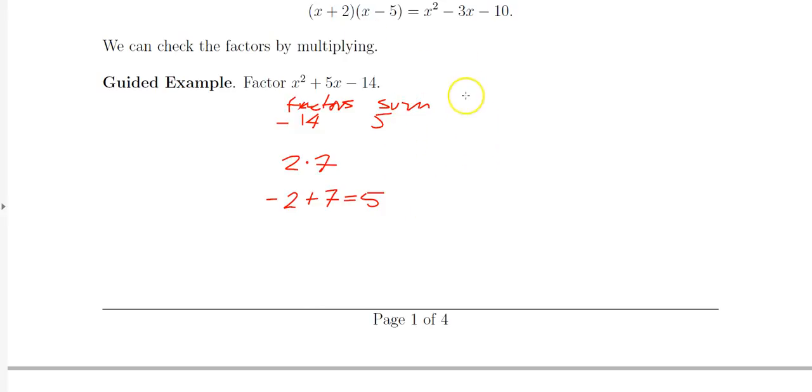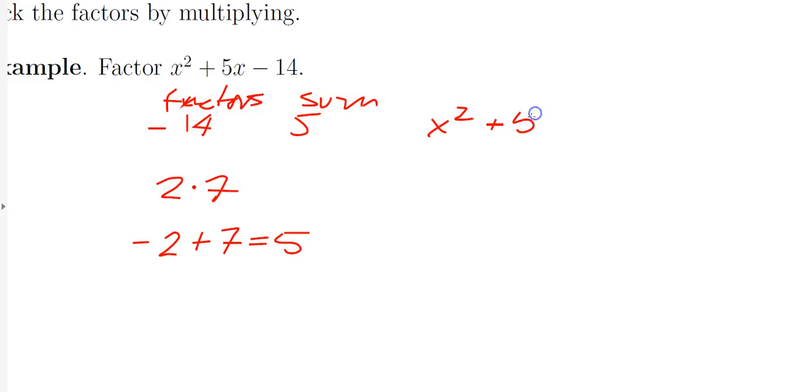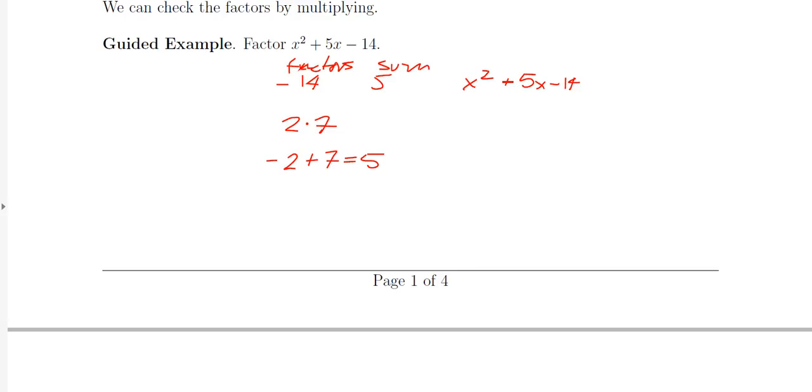So I can think of x squared plus 5x minus 14 as x minus 2 multiplied by x plus 7.